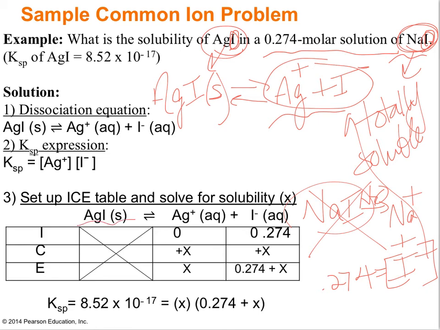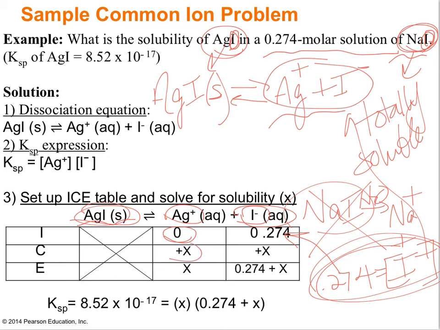All right, so the initial amount of silver ion, just as always, is 0. However, the initial amount of the iodide ion is not 0, because we have this presence from dumping in the sodium iodide. So the initial amount of iodide is actually 0.274 molar. The extra amount of silver and iodide ions that we're going to get from dissolving silver iodide are x and x.